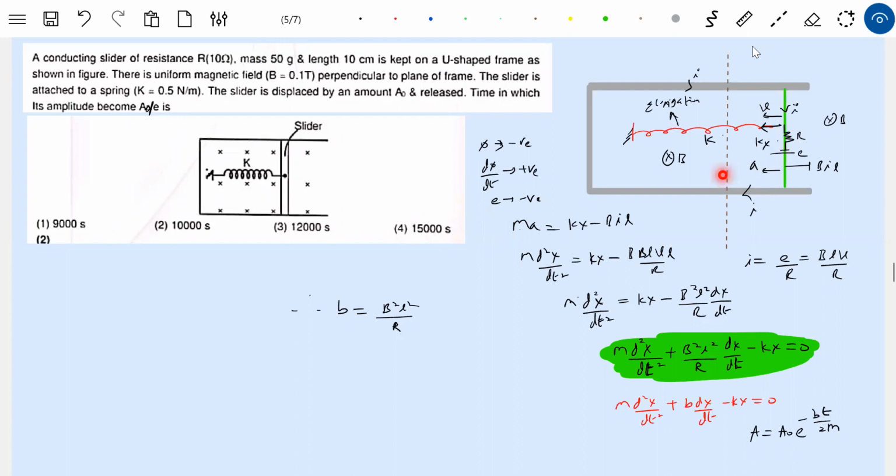The spring force will first act, since the rod is released from rest. As it starts moving, the flux linking it changes, then EMF is induced, then induced current, then BIL will come. How can you write MA equal to BIL minus KX? Of course, this restoring force will act opposite to displacement. That is the only condition here.